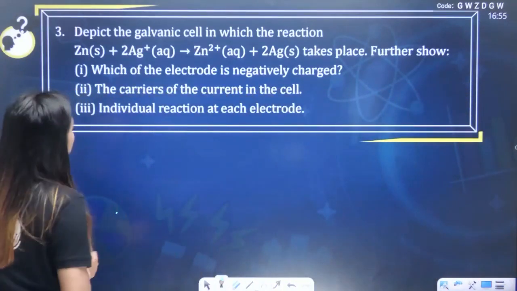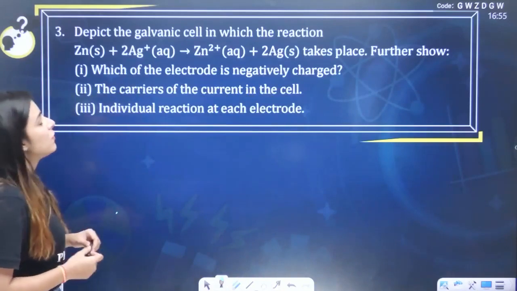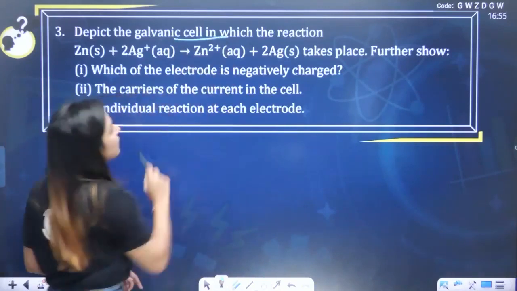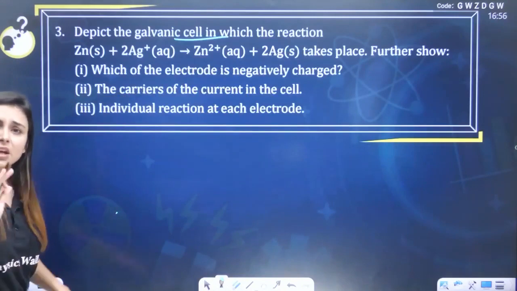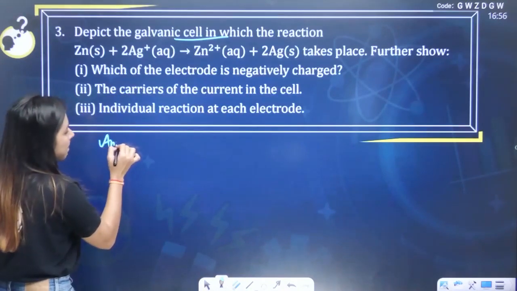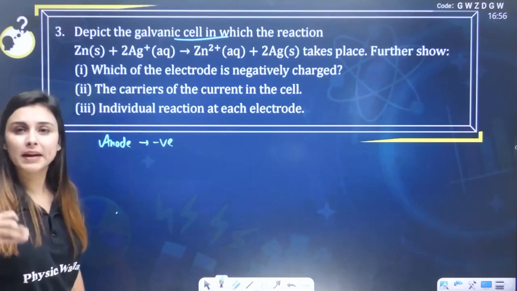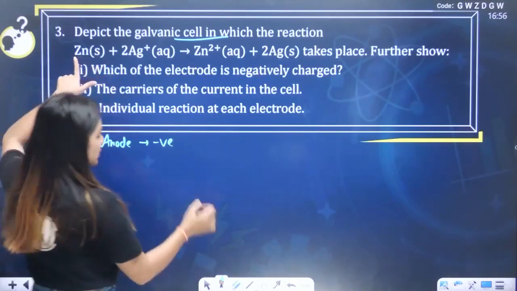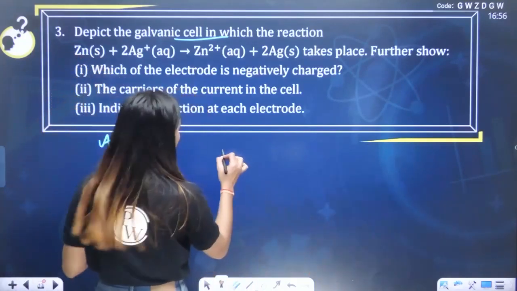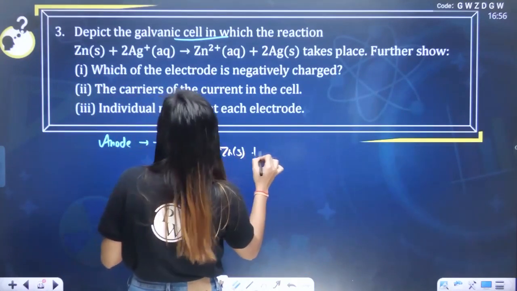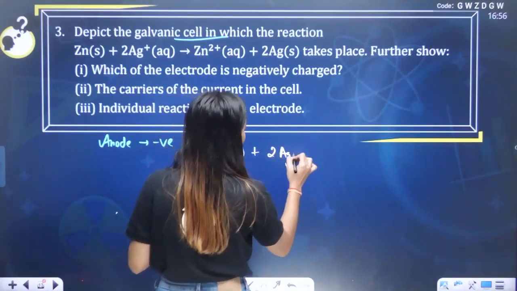Let's start this question. Which of the electrodes is negatively charged? First of all, my dear students, you are given a galvanic cell. So in a galvanic cell, we know that the anode is negatively charged. Now you just need to understand which part is the anode. If I talk about this reaction, I can write this reaction. This would be zinc solid gives me 2 Ag plus.